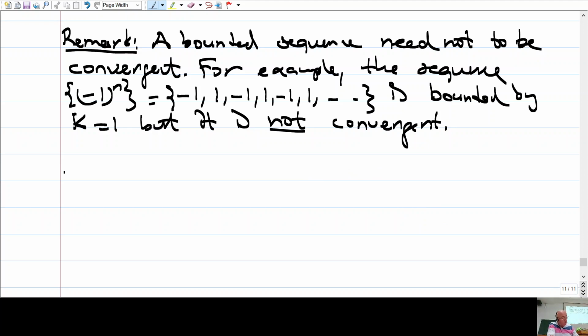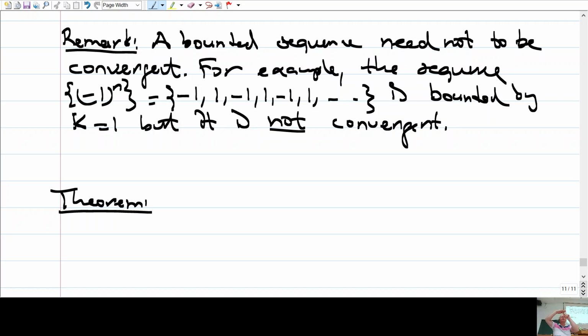Nevertheless, we have the following theorem. If a sequence is bounded and monotone, then it has to be convergent. Because bounded means there is an upper bound. It cannot go above this. And suppose it is increasing, then this sequence is increasing like this, but it cannot go above this level. Therefore, it has to accumulate somewhere, here.